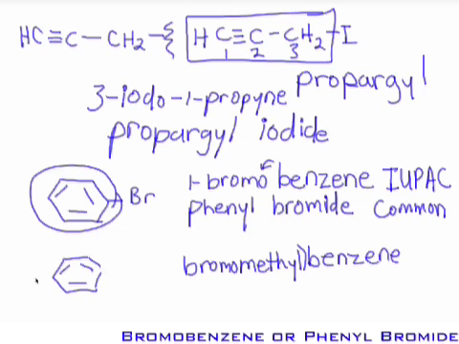Okay, let's put the CH2 on the other side. Same thing. So here's my bromomethyl, and the bromo's off carbon 1. There's only one carbon, so I don't have to put a 1, but I could. So if I wanted to, I could say 1-(bromomethyl)benzene.